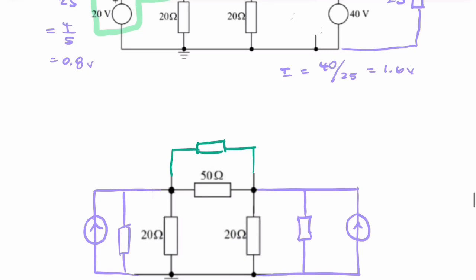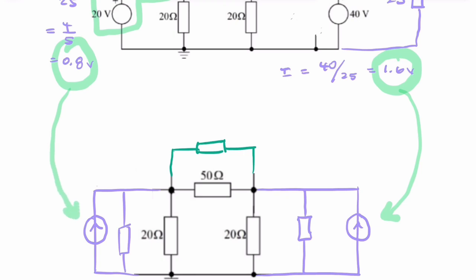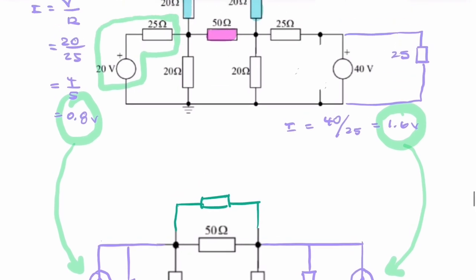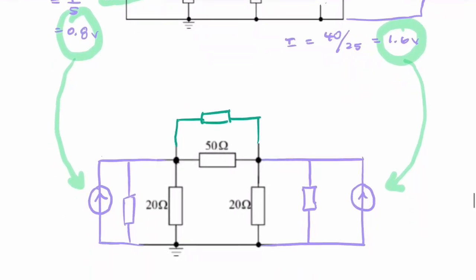So this 1.6 is that, this 0.8 is that, and the resistance values are unchanged, 25. So this is 25 ohms, and this is 25 ohms.